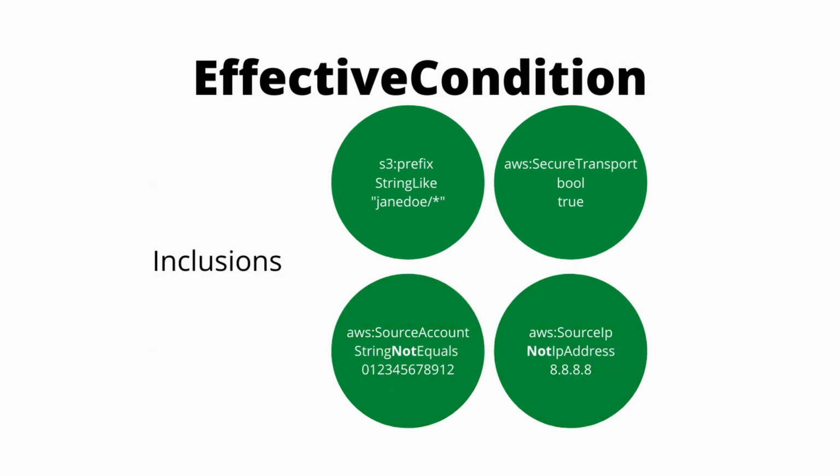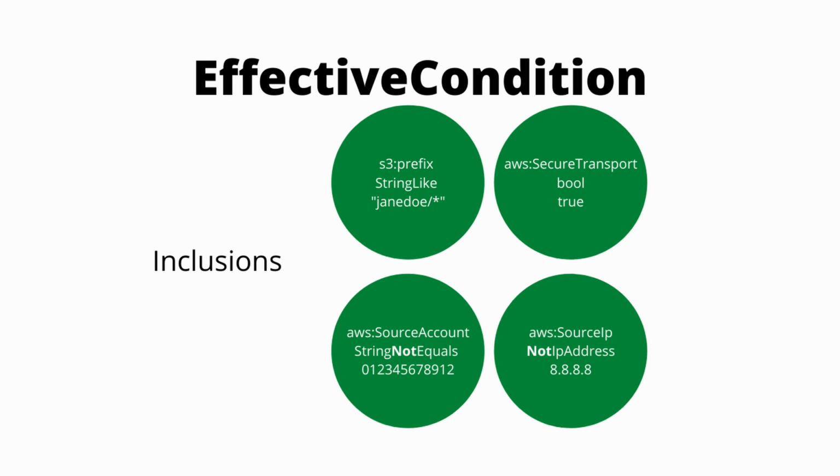And what normally happens, as we see here, is that the two exclusions get flipped into inclusions by reversing the operator. This happens automatically when you create an effective condition object. These are both now inclusions, i.e. conditions which must be true for the PolicyShard to apply with this effective condition.